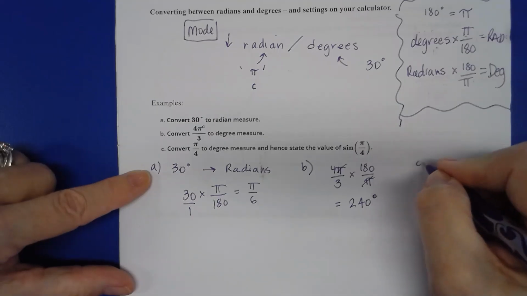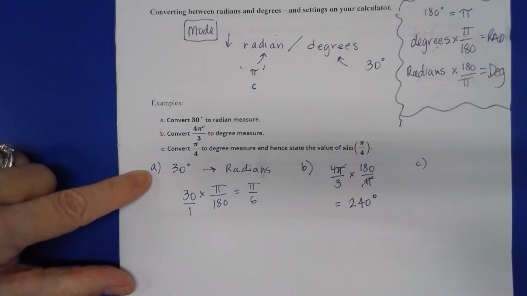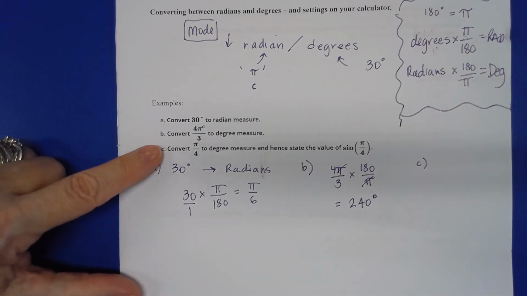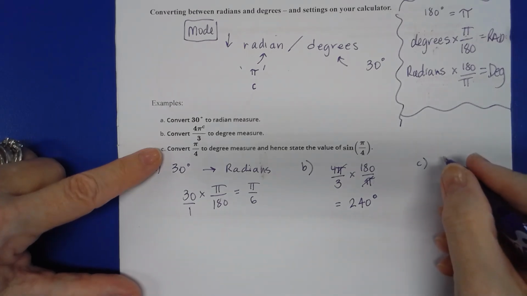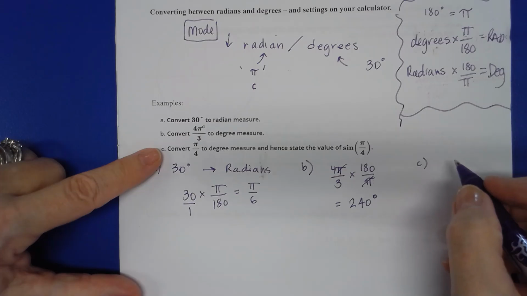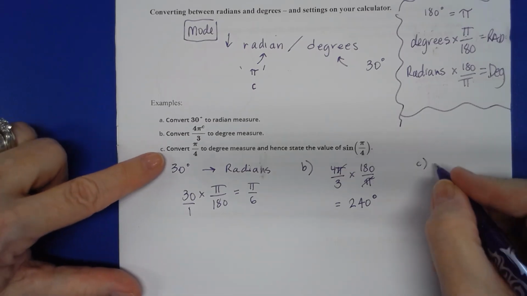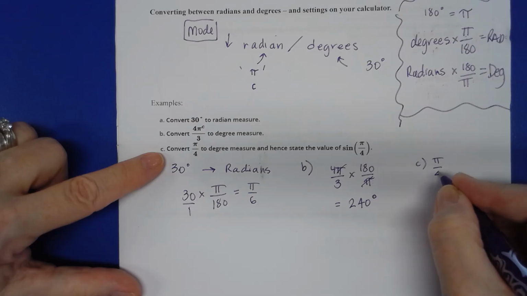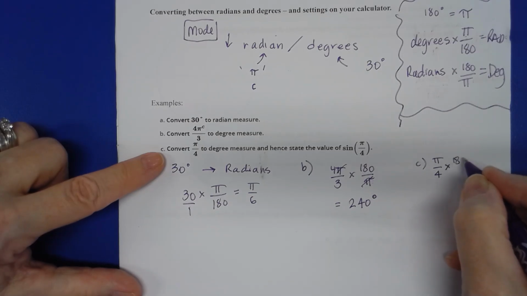Okay, now C. Now it's going to matter because I have to have my calculator in the right mode. So it's convert pi on 4 to degree measure and hence state the value of sine pi on 4. Do you know what the degree measure of pi on 4 is? Okay. So let's go here and do pi on 4 times by 180 over pi.